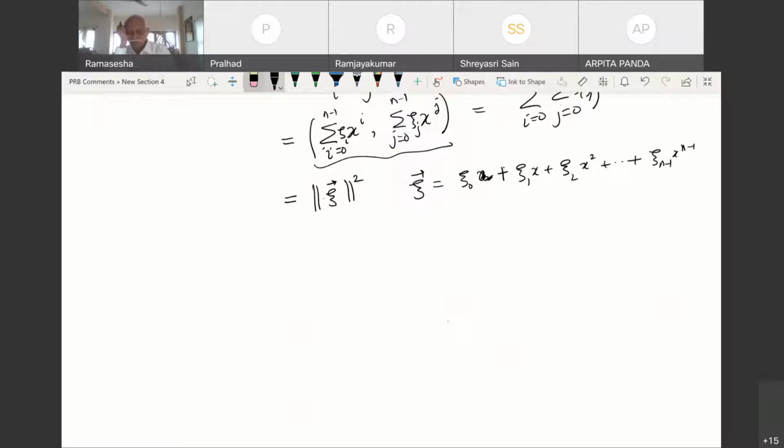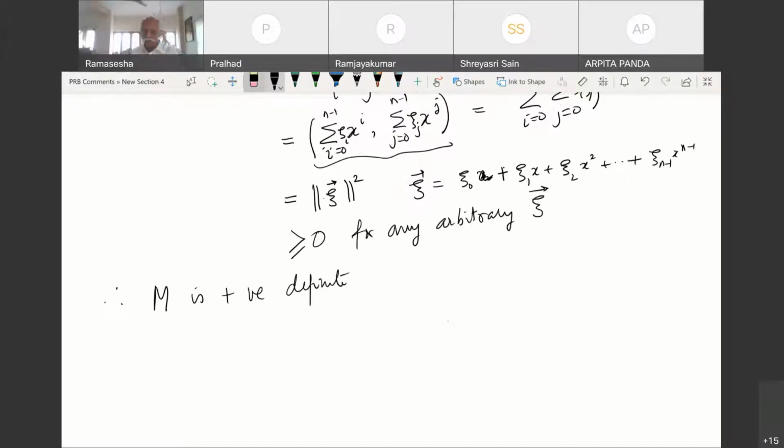It is greater than or equal to 0. Okay, therefore M is positive definite and will have an inverse.